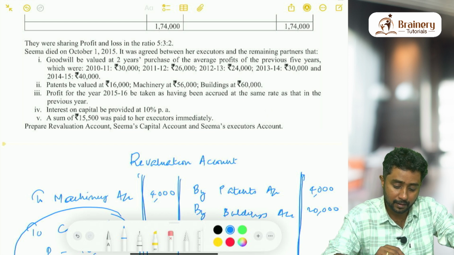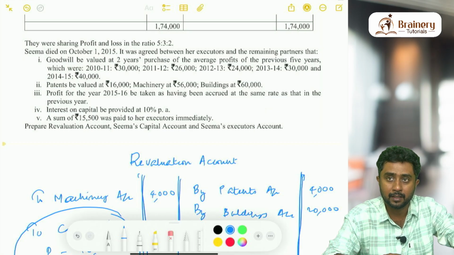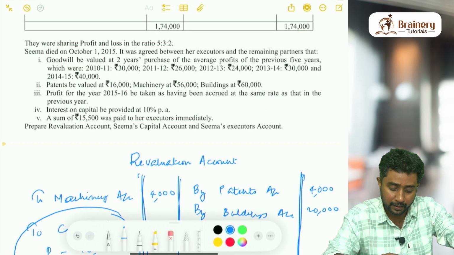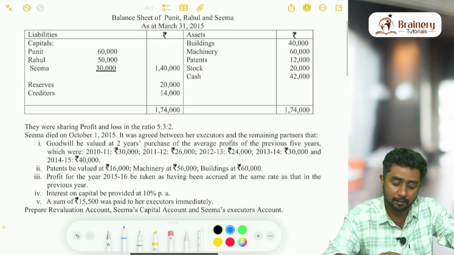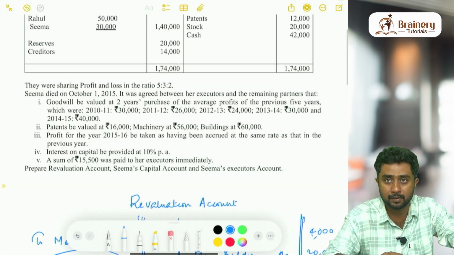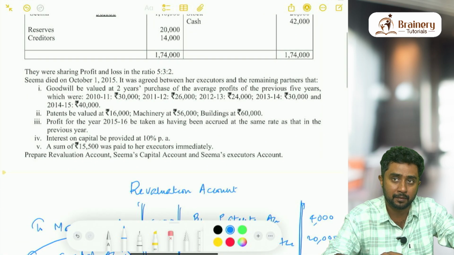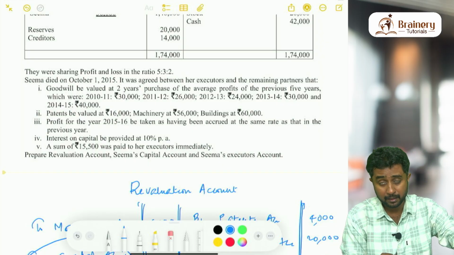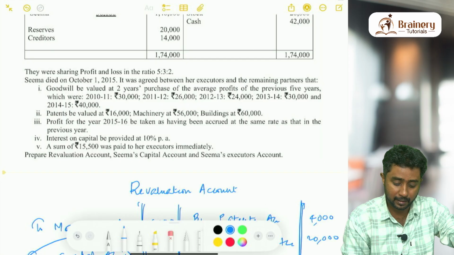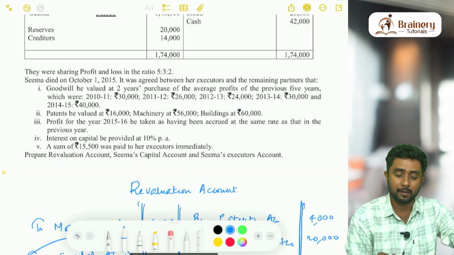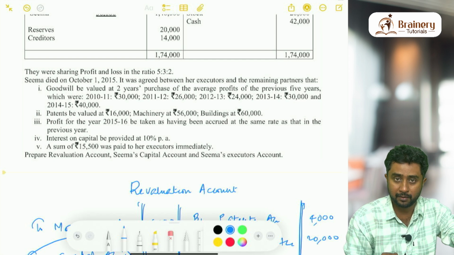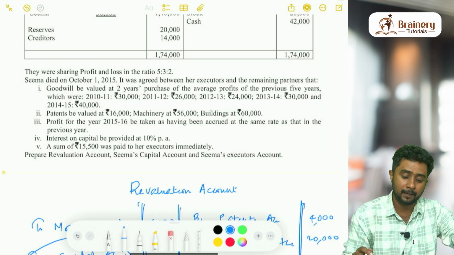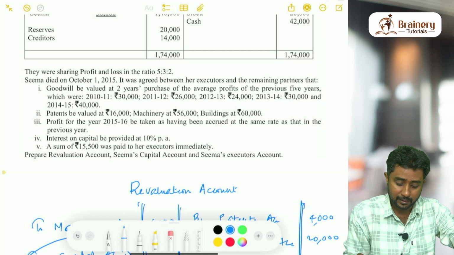As you can see here, from where will we get the recent year's profit? Either it will be given in the adjustments or in the balance sheet. Inside the balance sheet also, sometimes they will give you the latest year's profits, that means last year's profits. Here year-wise profits are given. As you can see, for the purpose of goodwill they have already given the last 5 years' profit, starting 2010-11. Out of that, the latest year is 2014-15, because the current year falls in 2015-16.